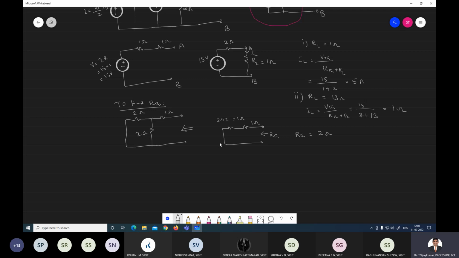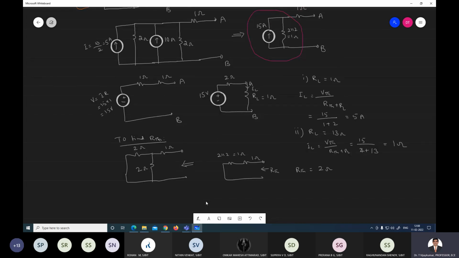Find out what is the open circuit voltage. Remove the load terminals. If you take this circuit after reducing, what is the circuit we got?